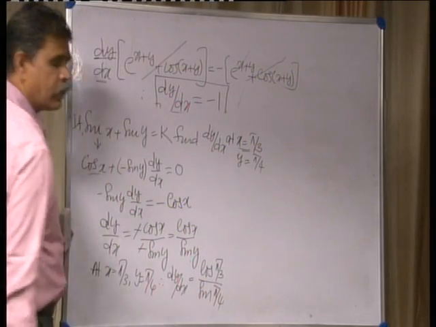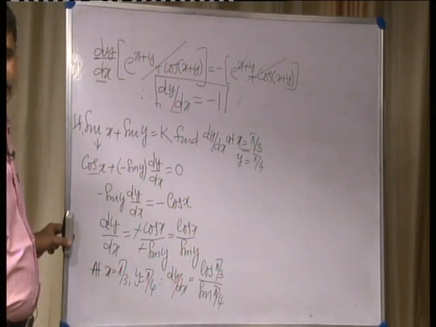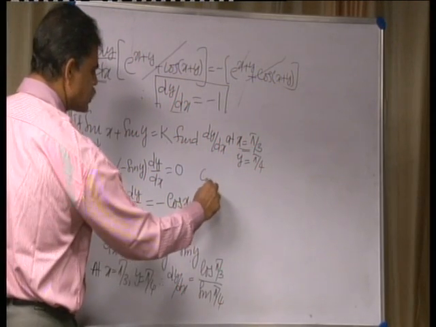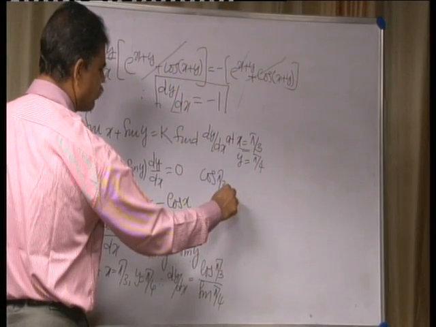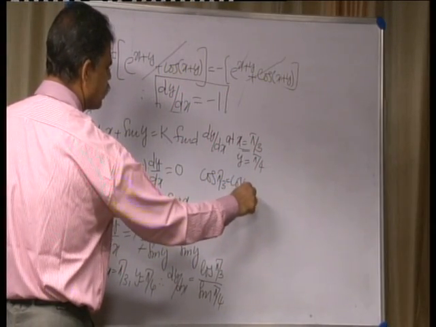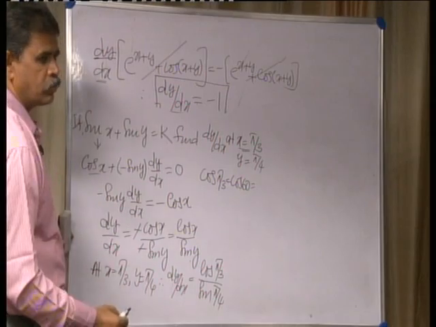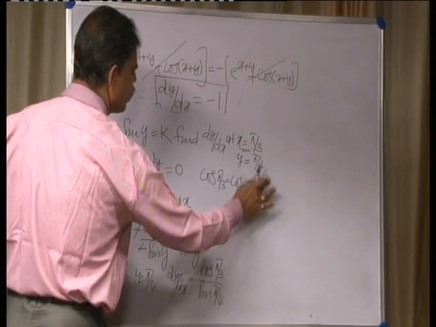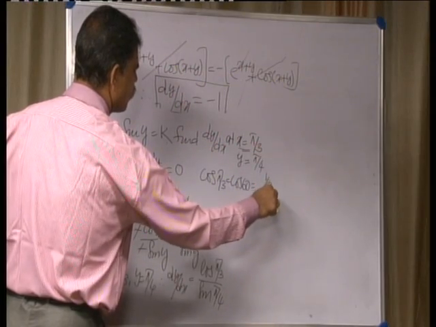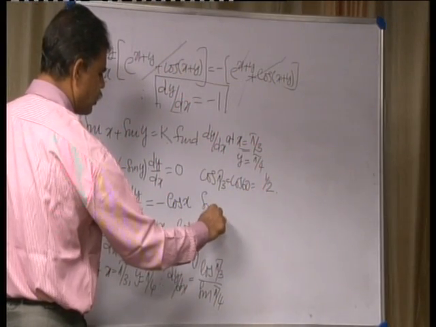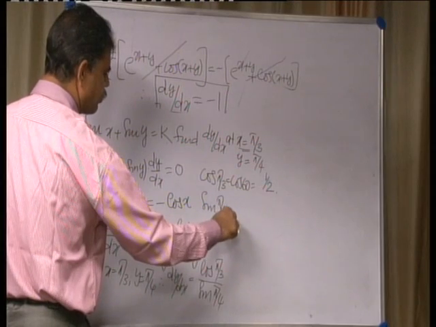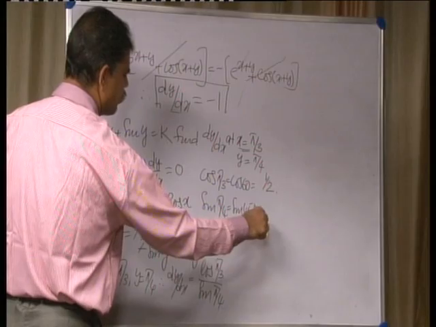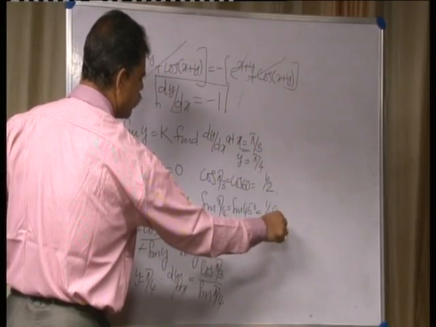As we know, cos pi by 3 is cos 60 degree, and cos 60 is equal to 1 by 2. Similarly, sin pi by 4 is sin 45 degree, which is equal to 1 by root 2.